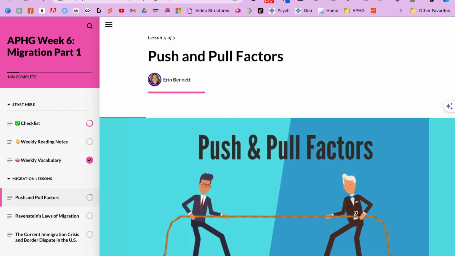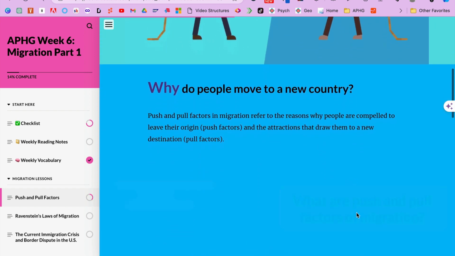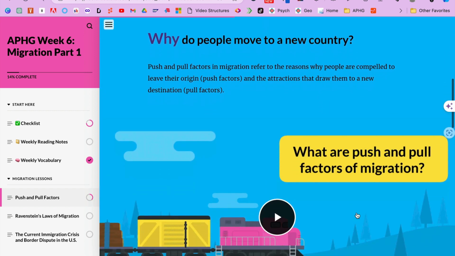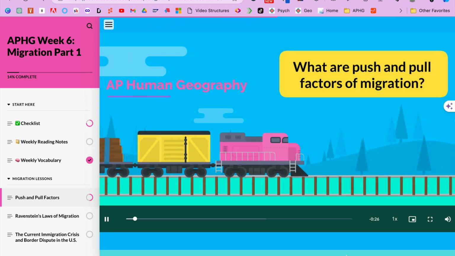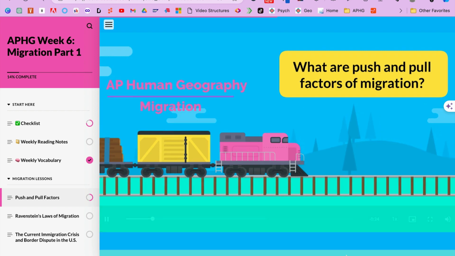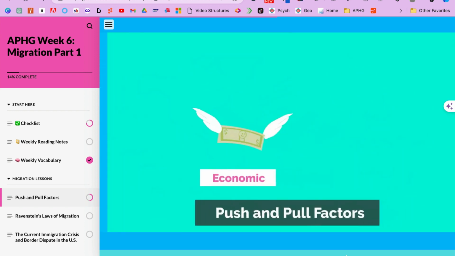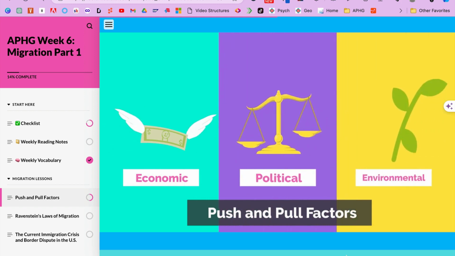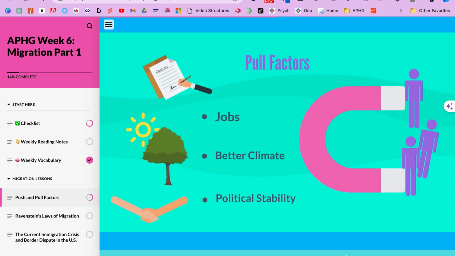So, looking at the push and pull factors of migration, why do people move to a new country? The reasons people migrate are usually economic, political, or environmental. Pull factors pull people to a new home and include things like better opportunities.